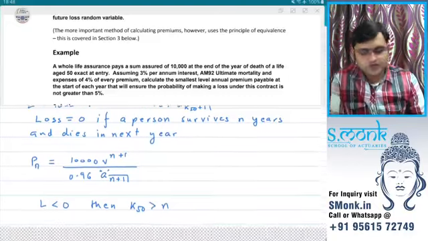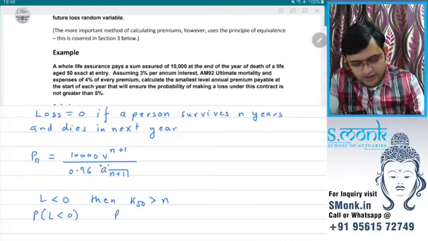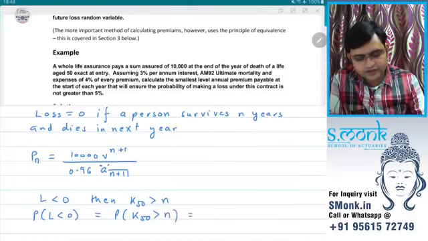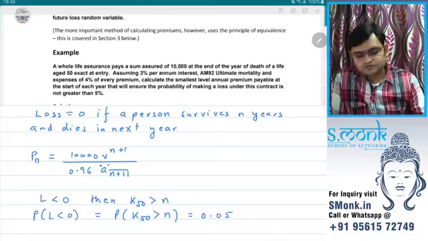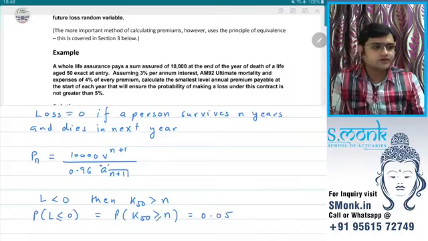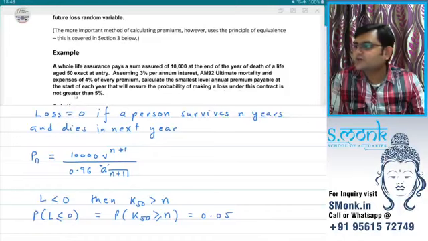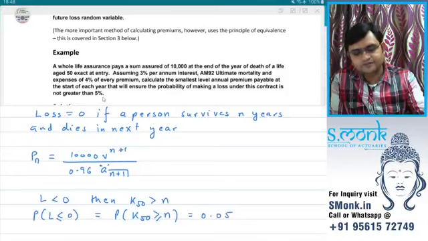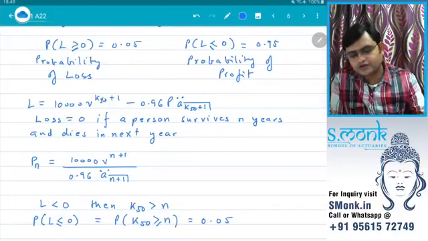So the probability that loss must be less than 0 will be the same as the probability of K50 being greater than n, and we are going to take that as 0.05. If you want equal to, you can take equal to, depending on what the question is. Because they said that the loss must not be greater than 5%, that means it is less than or equal to 5%, so in this case we'll say greater or equal to.